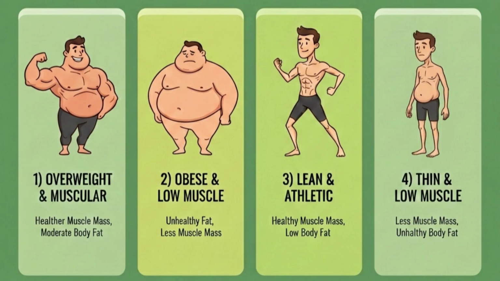When it comes to body types, I categorize them into 4 types. The first one being a person who is heavily built, right? But his body composition consists of more muscle mass, and he has a quite healthy fat profile.